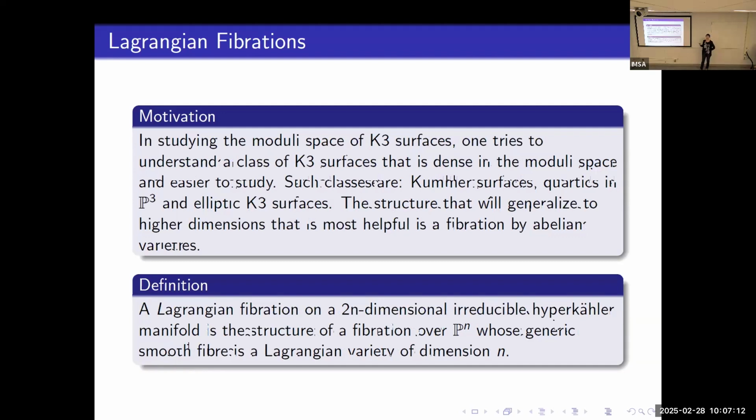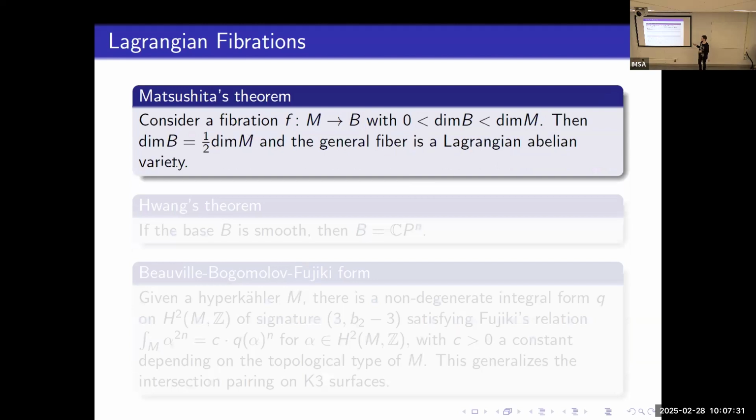And one might say, well, this is a very restrictive structure. Why can't we expand the definition and have a smaller dimensional base or a larger dimensional base? Well, this is because of a theorem of Matsushita, which says that any possible fibration looks like that. So let's consider any fibration from a hyperkähler manifold M to a lower dimensional base.